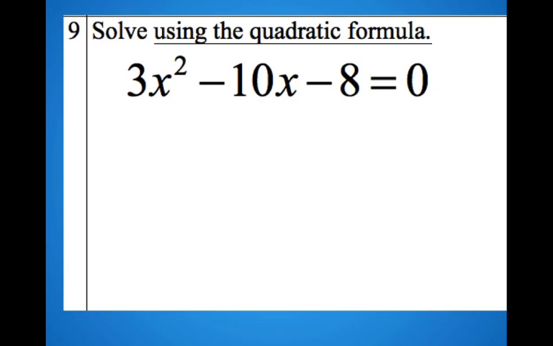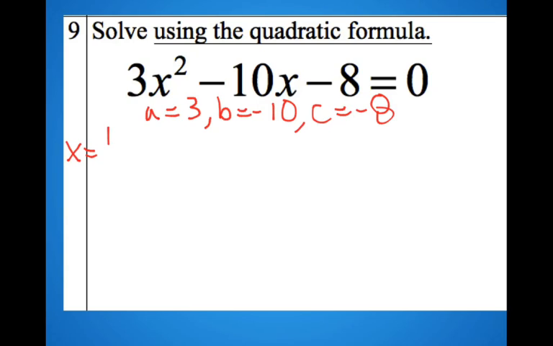Solve using the quadratic formula, so it's important to state what the a, b, and c are first. So a is 3, b is negative 10, c is negative 8. So we just plug the numbers in, so we have x equals the opposite of b, so make sure you write the quadratic formula somewhere.